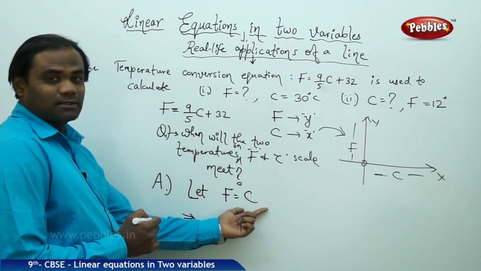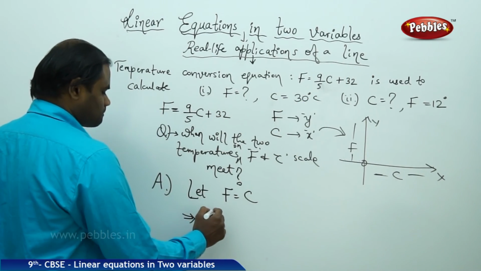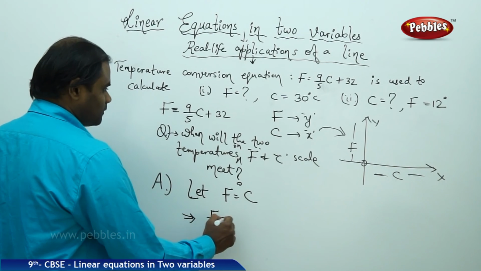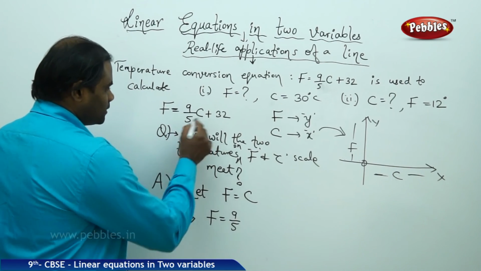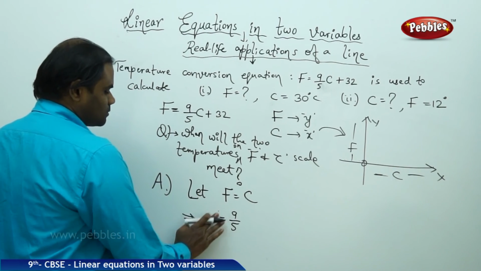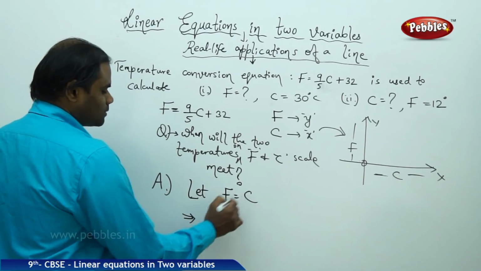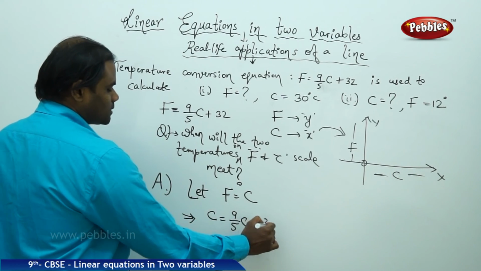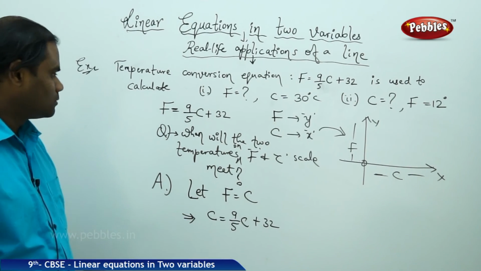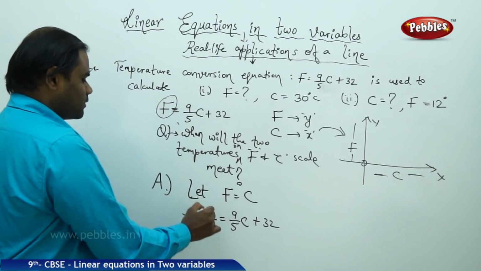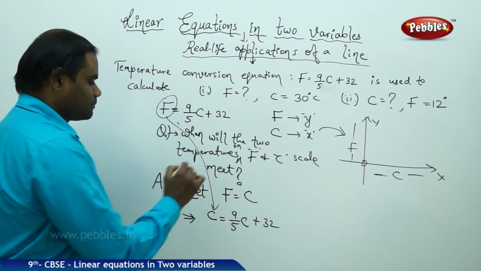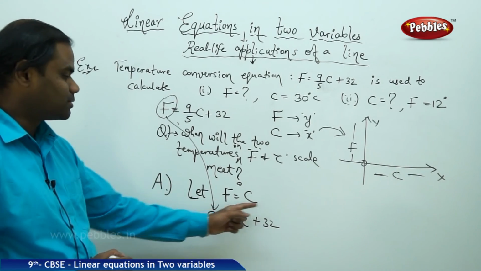Now that f equals c, I substitute into f equals 9 by 5 c plus 32, so my f gets replaced with c. This is how I understand the substitution.